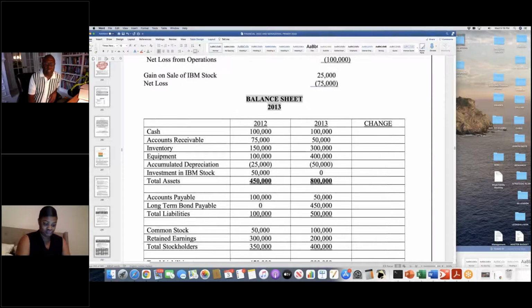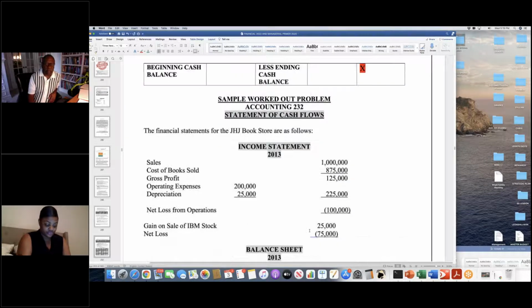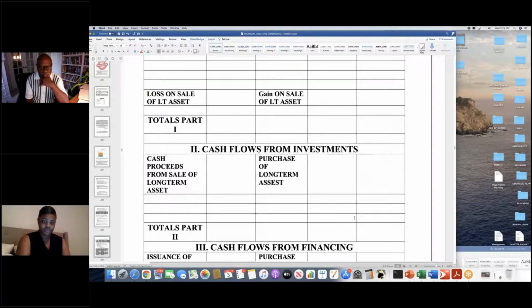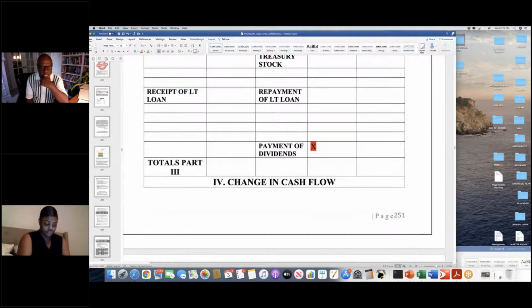So remember, we're looking at the change in cash through the change in everything else. And we're going to prepare it that way. So we're going to go back and prepare a cash flow statement next class period based on the financial statement. So that's how it's prepared.